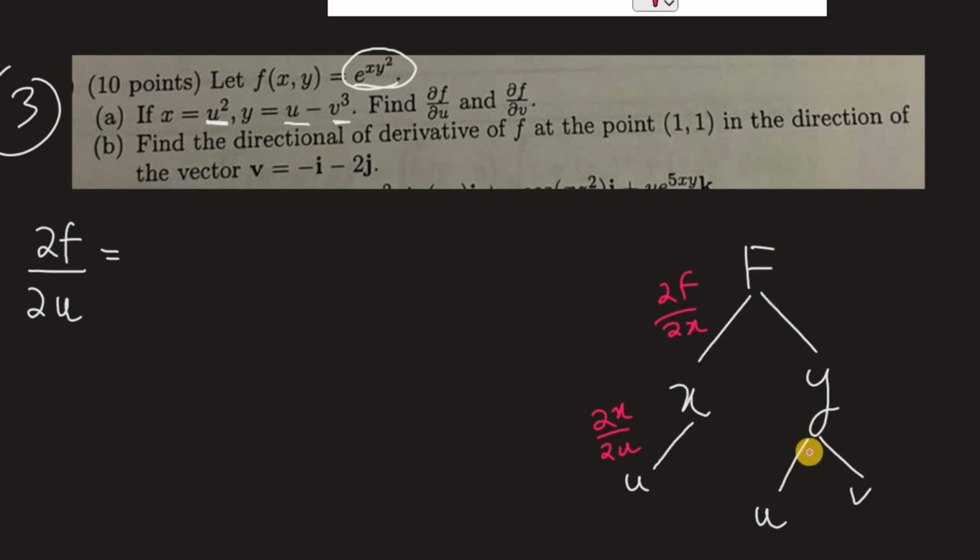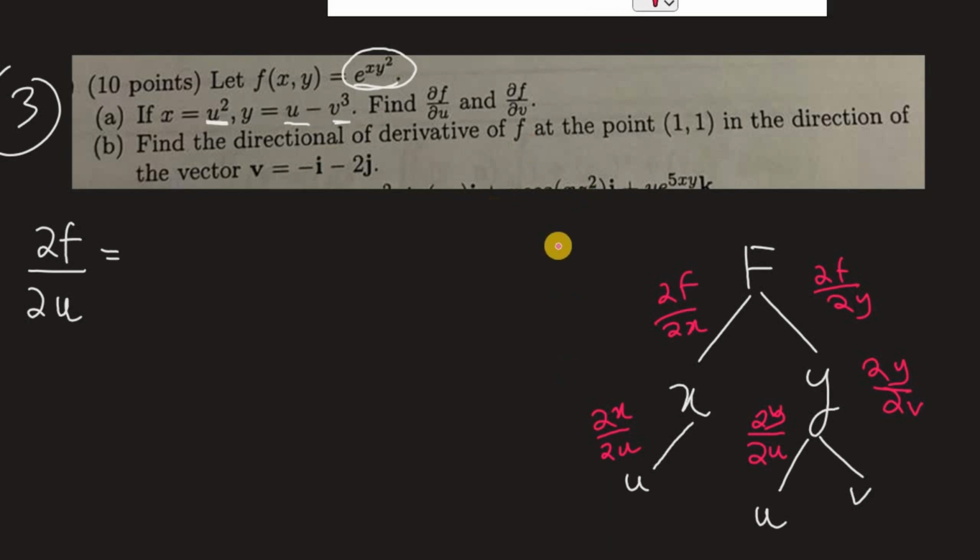Similarly over here, this has to be f with respect to y. And what about this one? This is y with respect to v, and this is y with respect to u. It's as simple as this.